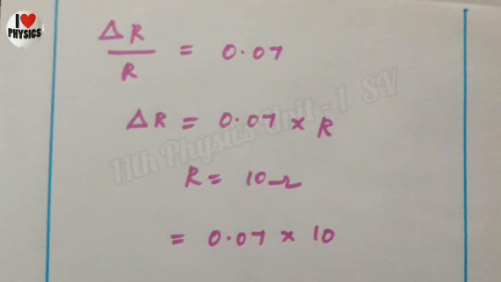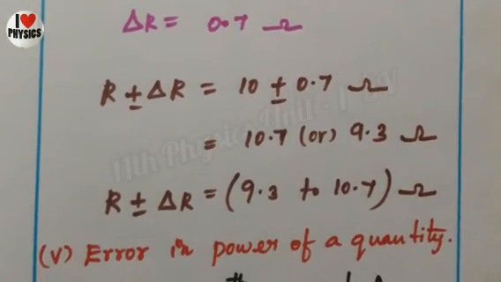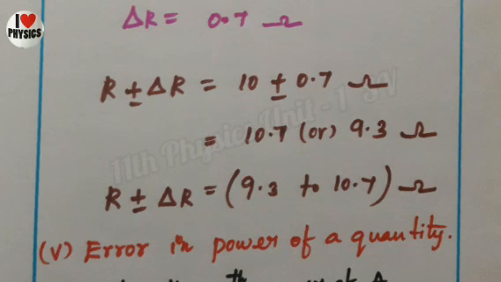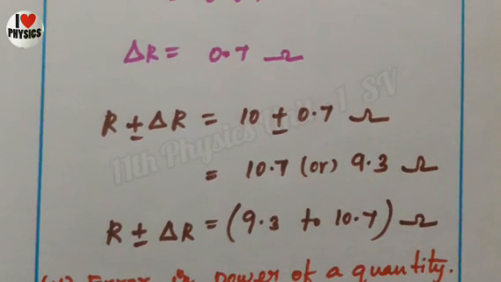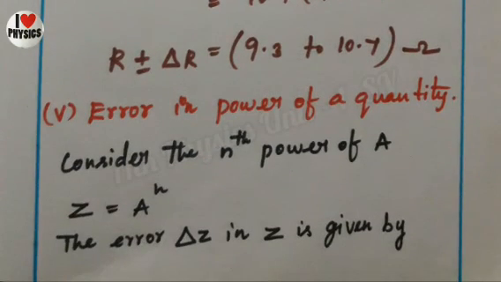Finally, we get the total resistance R plus or minus del R equal to 10 plus or minus 0.7 ohm. In other words, 10.7 or 9.3 ohm. That means the resistance is approximately 9.3 to 10.7 ohm.